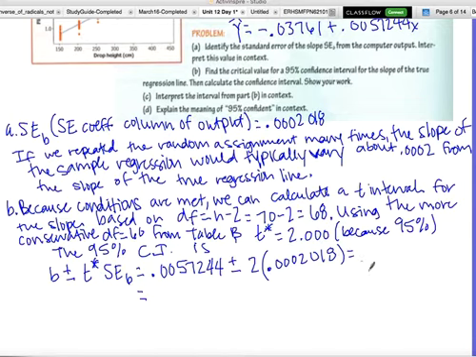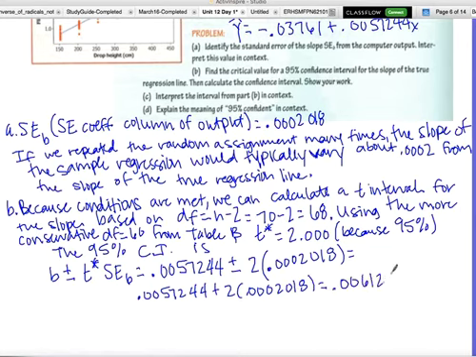So what that means is you're going to do two separate equations because of that plus or minus. So you're going to have 0.005724 plus 2 times 0.002018. Whenever you do that, you would get 0.006128 if you do that on a calculator.